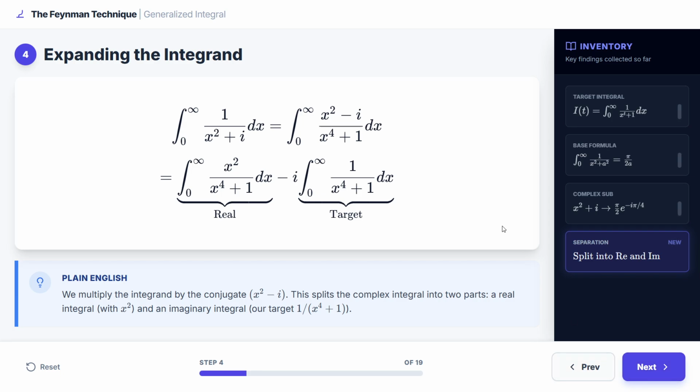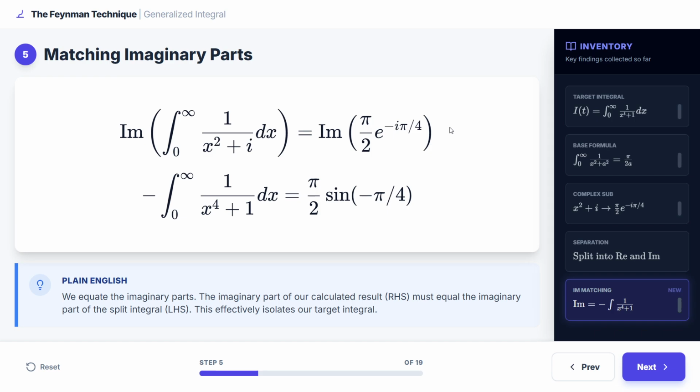So, first thing, we rewrite our complex integral right here just by multiplying upstairs and downstairs by the conjugate, and then splitting the real and imaginary parts. Now, this is the part we're interested in, so we will match it with its imaginary part on the right-hand side, which is this. And eventually, that leads us here.